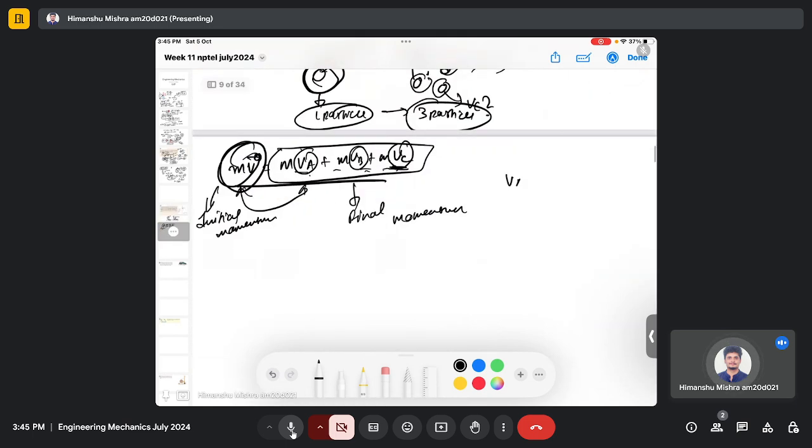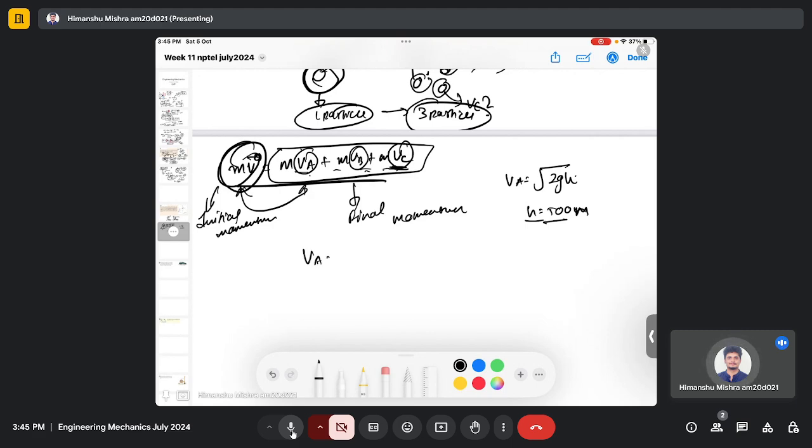So the velocity of particle A will be given by root 2gh, and h is 500 meter because h is the vertical distance, and in the question it rises 500 meter vertically in the upward direction.